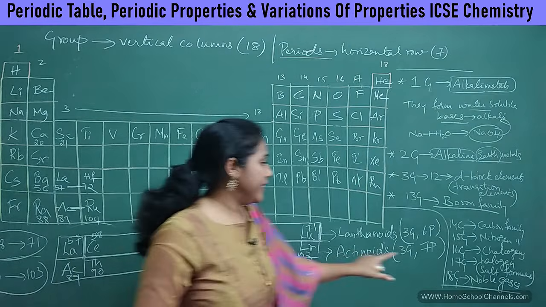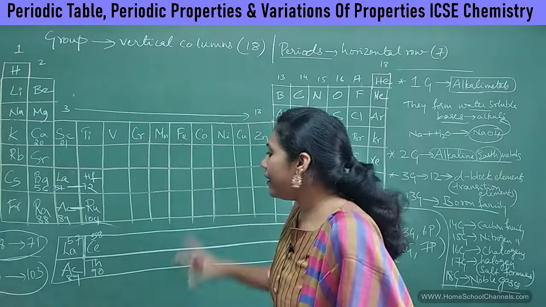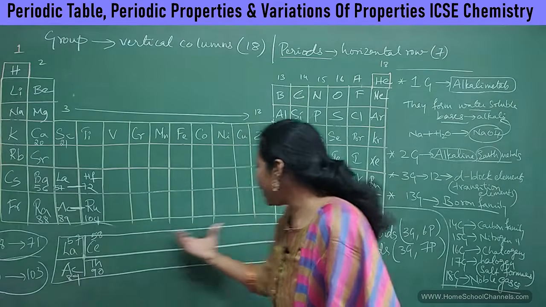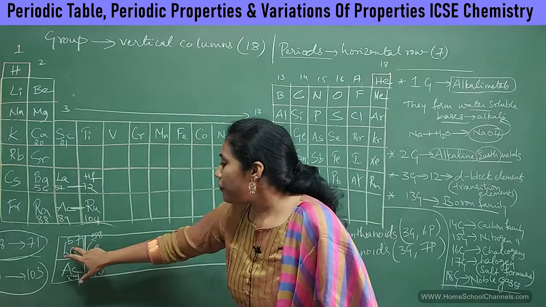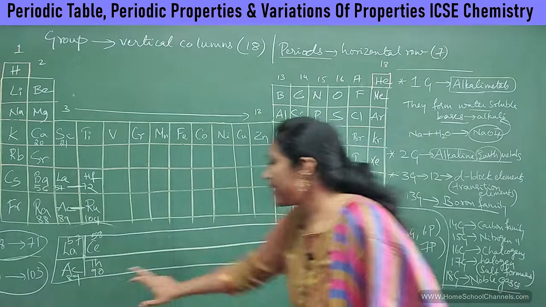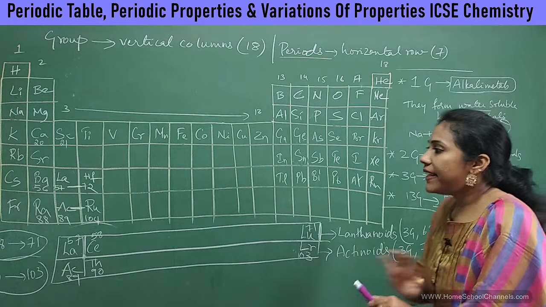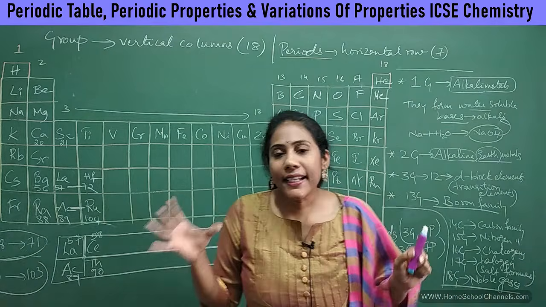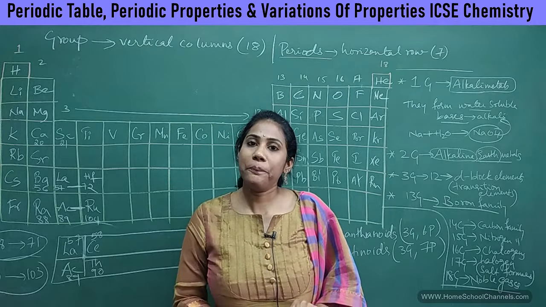And then we all know this, right? I already told you lanthanoids and actinoids. Lanthanoids means from the element lanthanum to lutetium. Actinoids means from the element actinium to lawrencium. So these are some of the salient features of our modern periodic table.